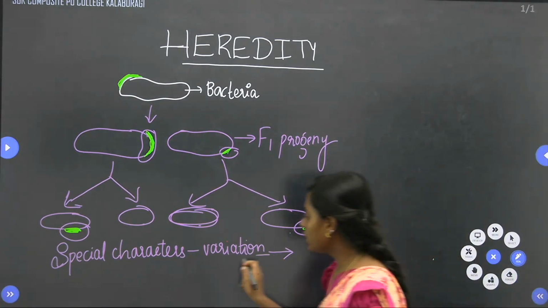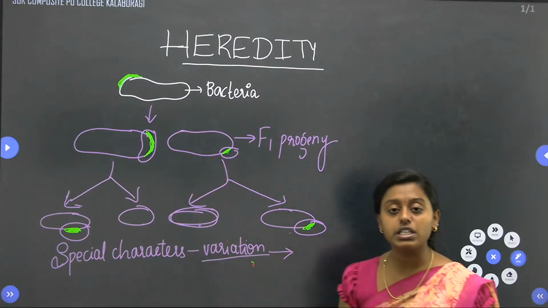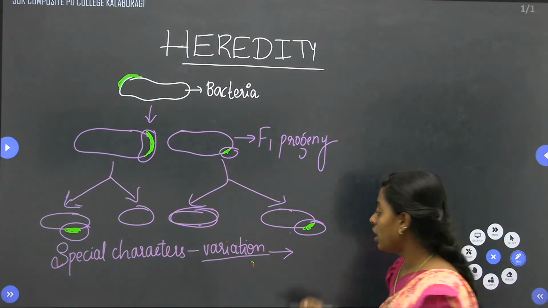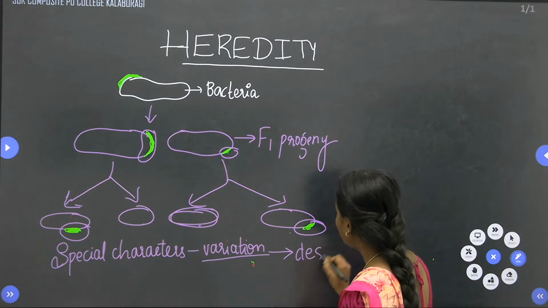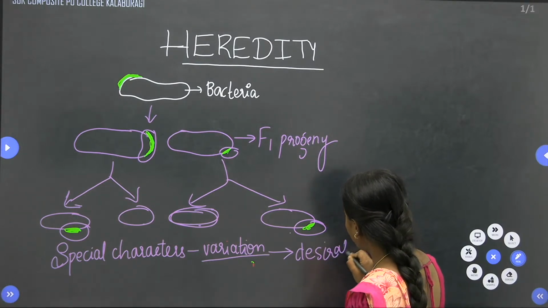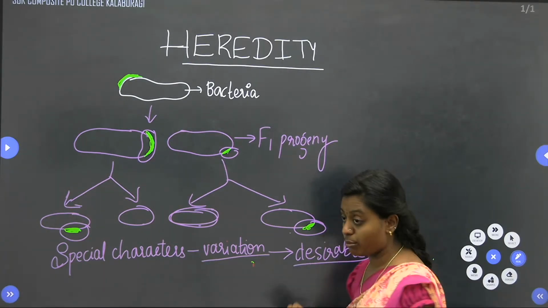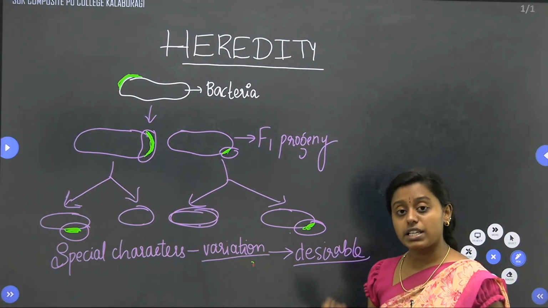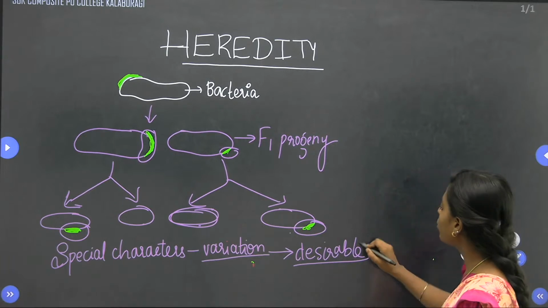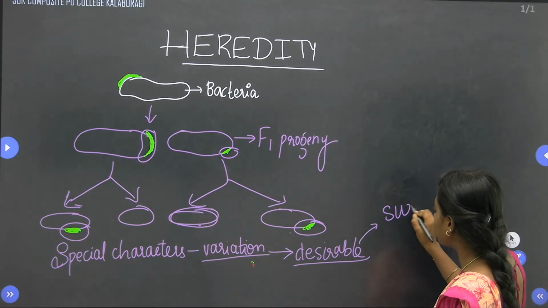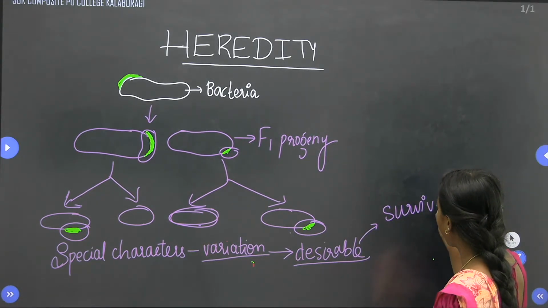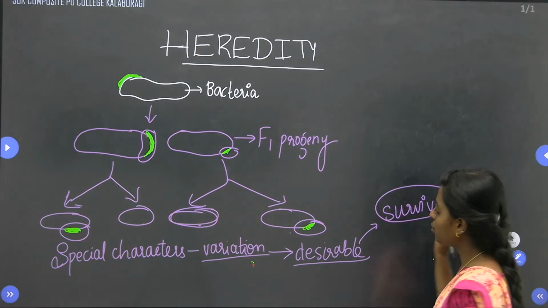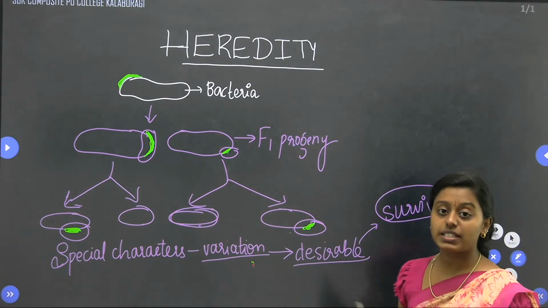If the variations produced in each generation are desirable or good in nature, then such variations help an organism to survive.